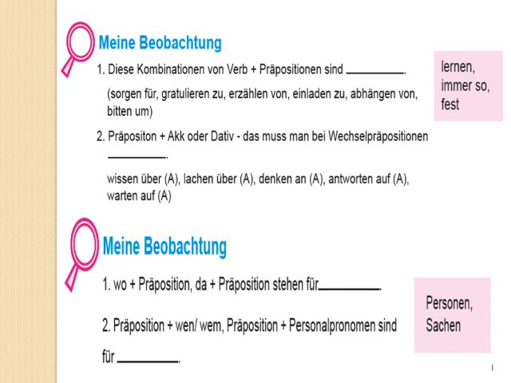Präposition plus Akkusativ oder Dativ, das muss man bei Wechselpräpositionen lernen. Zum Beispiel wissen über plus Akkusativ, lachen über plus Akkusativ, denken an plus Akkusativ, antworten auf plus Akkusativ, warten auf plus Akkusativ.